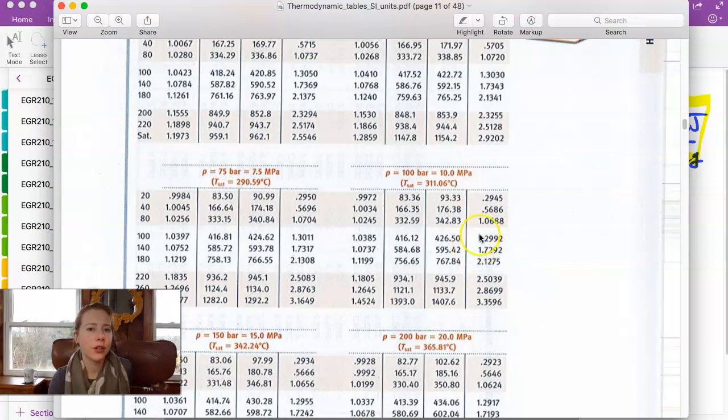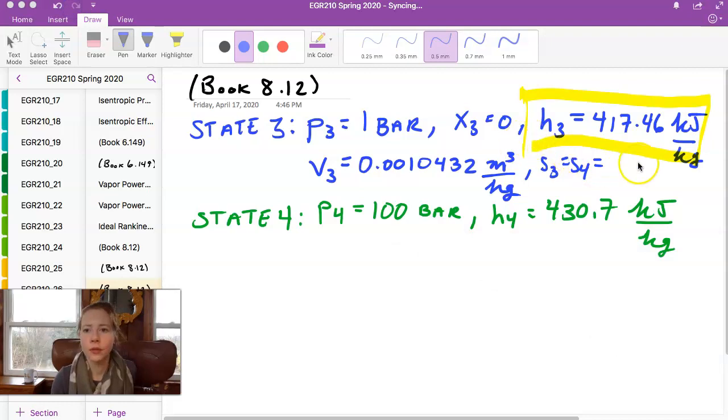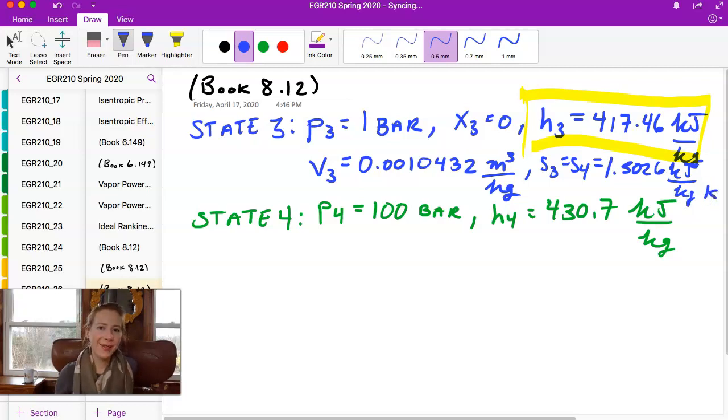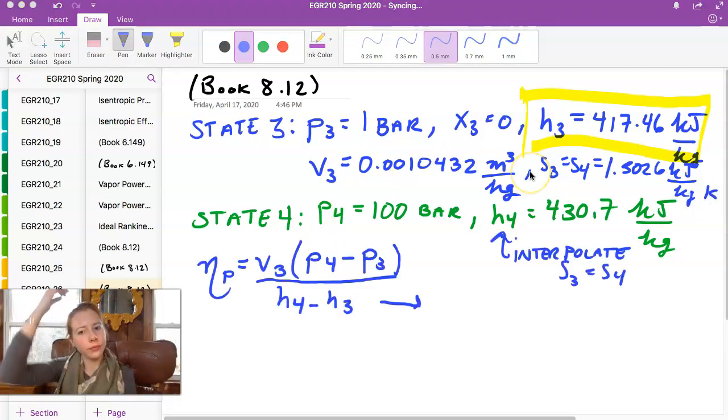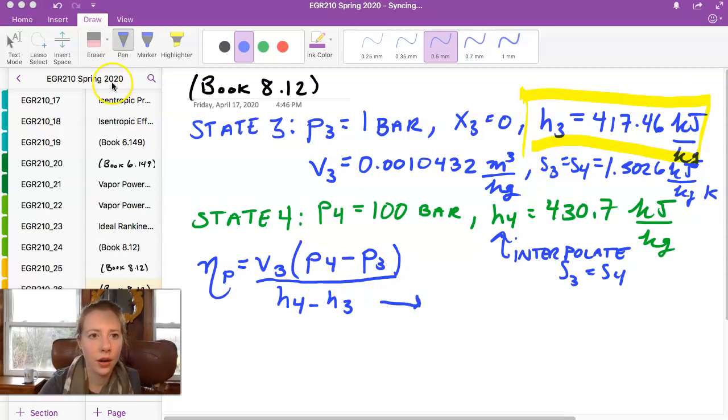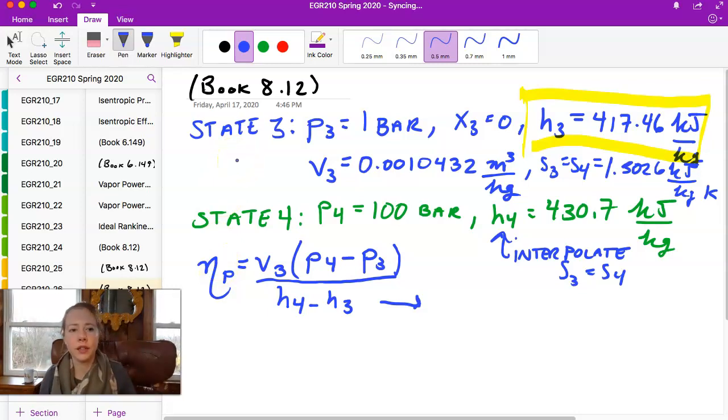All right, so then we have to do our interpolation to get the enthalpy. Okay, we're getting there, I promise. All right, so then we have interpolated and we get 430.7 kilojoules per kilogram.